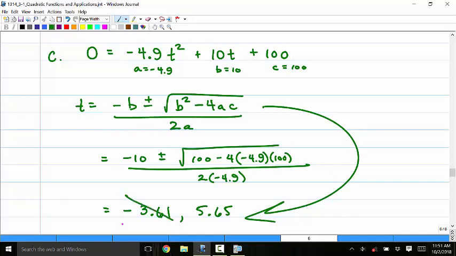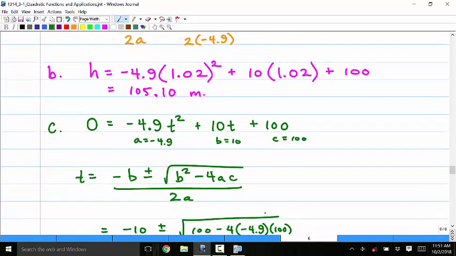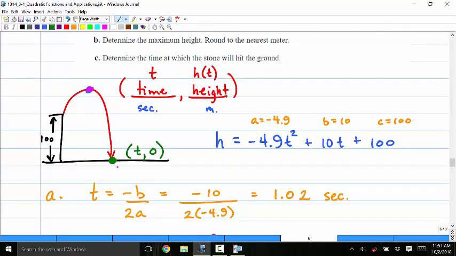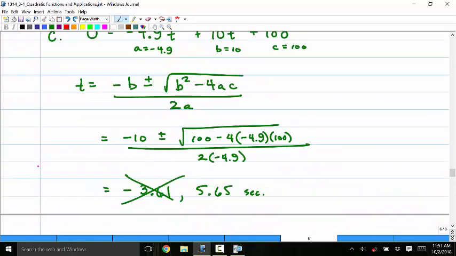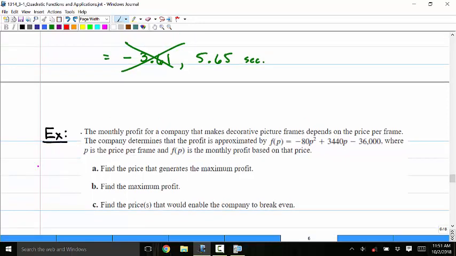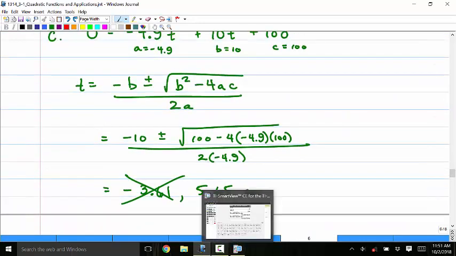No. In our problem, we have 5.65 seconds. That's how long it took to reach the ground. Do you see that the negative one would be over here? But we don't care about that. All right, that's one problem.